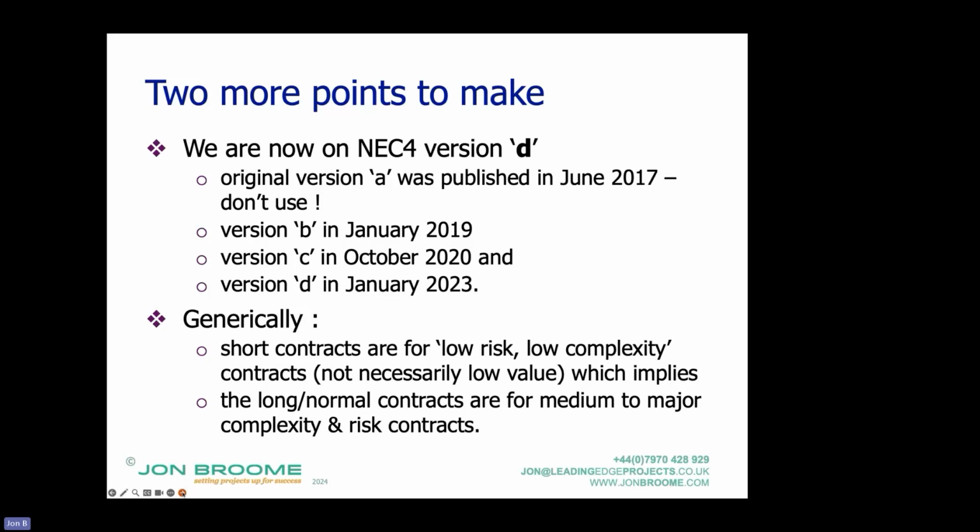So there is a relationship between size and complexity, but it's not linear. And short contracts, I think I said it last time, the short engineering construction contract worked extremely well on a £2.5 million contract with 2 trades and repetitive work, and less well on a £500,000 contract with 5 trades and non-repetitive work. So it is complexity and risk profile, if you like, not size.